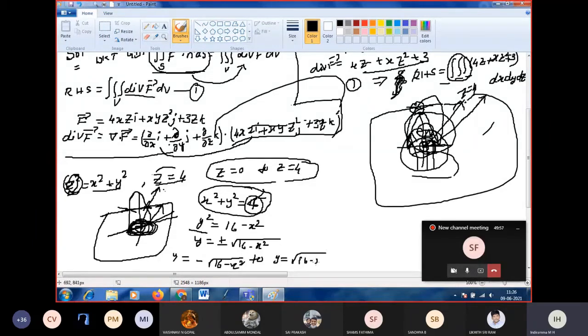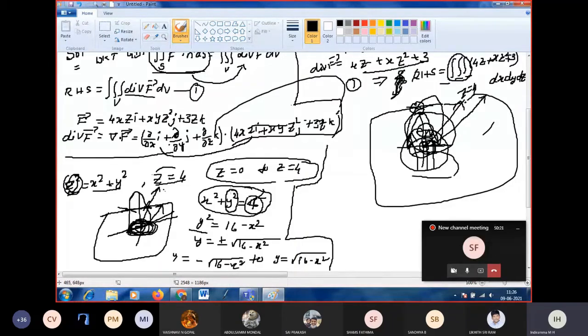Now, as I always tell you, while taking the x limit we prefer to take it as a constant limit along what? Along the x-axis. Along the x-axis, what is y? 0. So now I am putting y equal to 0 here.